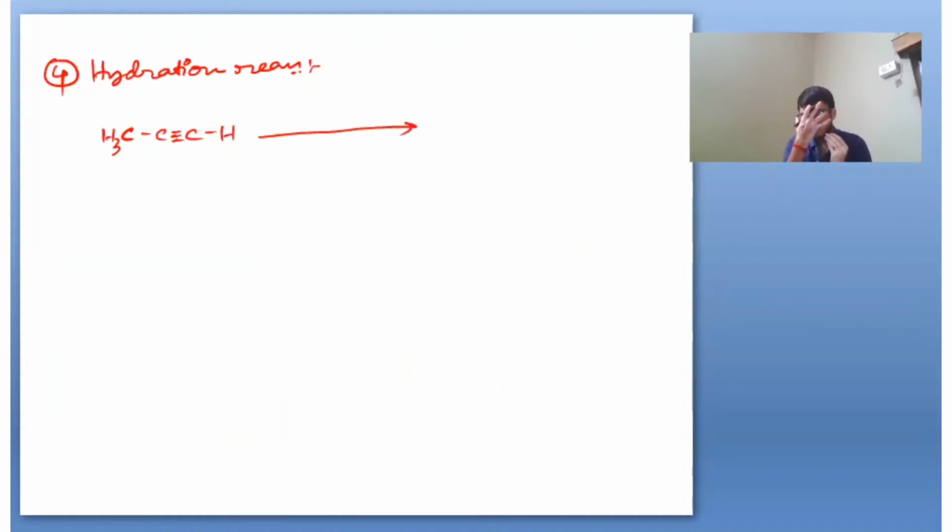Okay. Next is our hydration reaction. So here what we do, we add HgSO4, H2SO4 and 70 degrees Celsius temperature. Okay. So now what happens?